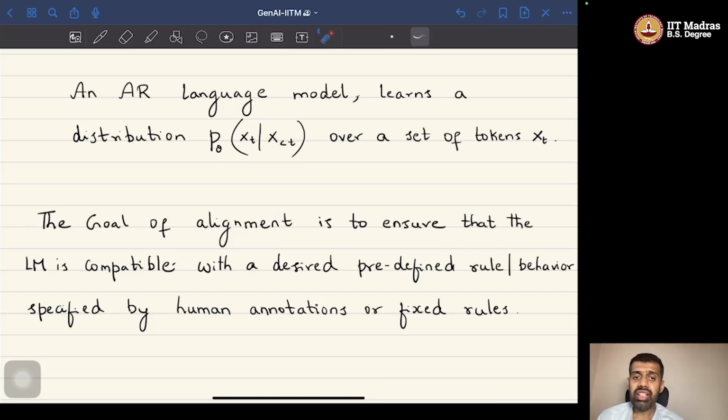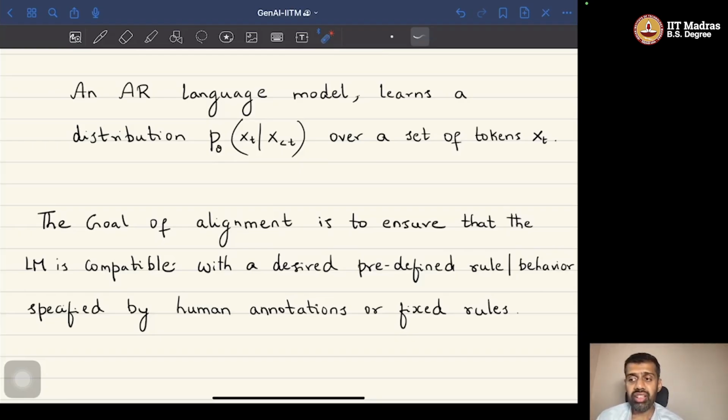One way to do this is to retrain the model in a completely supervised manner, where we have the given input and the output in a way that is desired by a human user. However, this sort of data is extremely difficult to obtain.